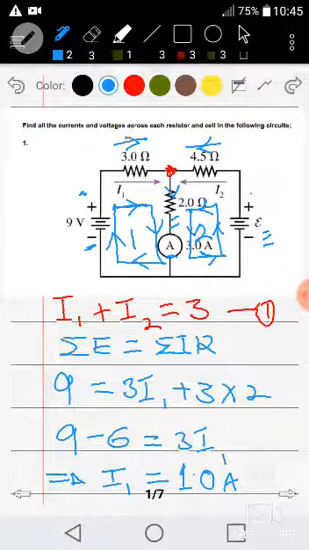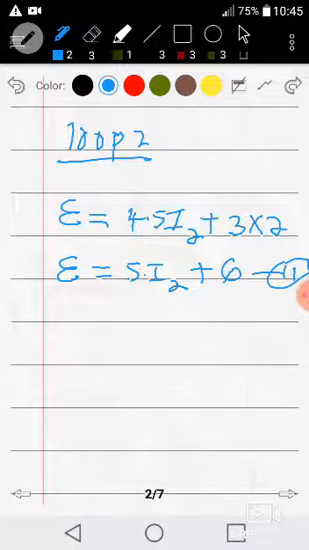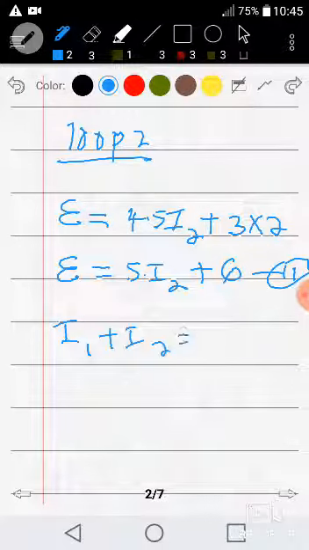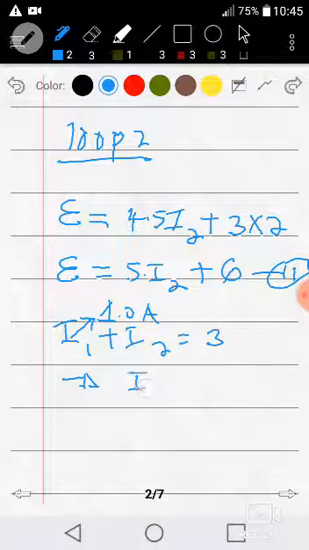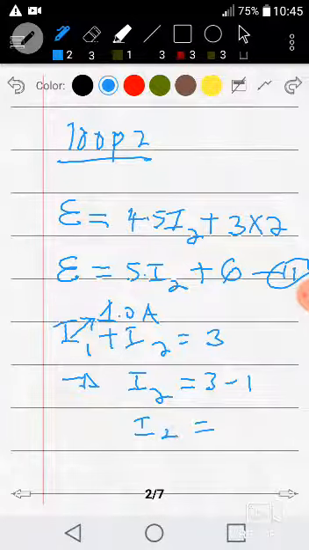Now from the second equation, we can substitute the first equation. The first equation is I1 plus I2 being equal to 3. But I1 we have as 1.0 amperes, implying that I2 should be equal to 3 minus 1, so I2 should be equal to 2.0 amperes.